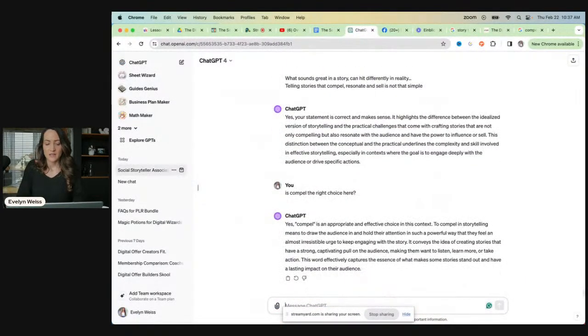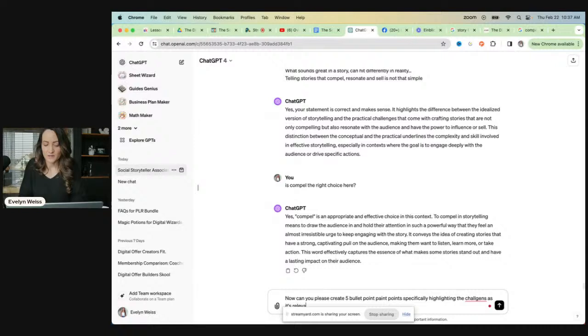So now can you please create 5 bullet point pain points specifically highlighting the challenges as it's relevant to the context of this page, and please match the tonality and simplicity.